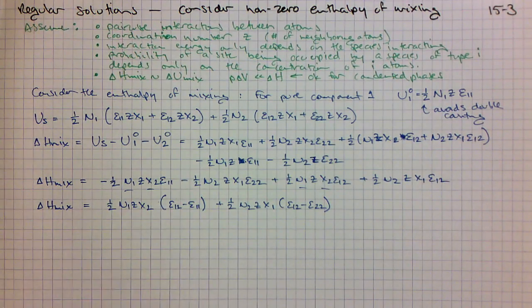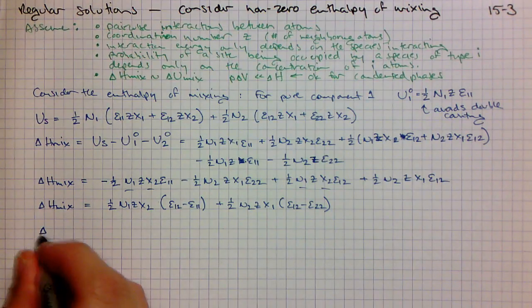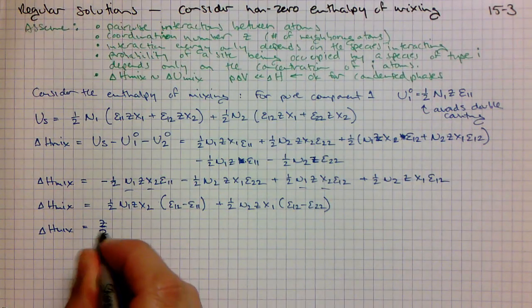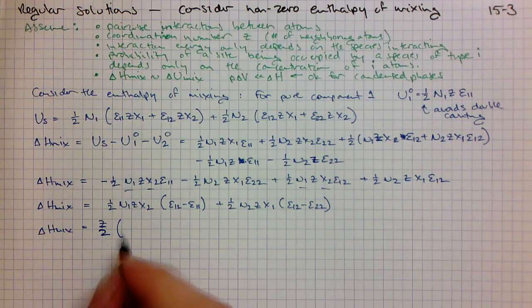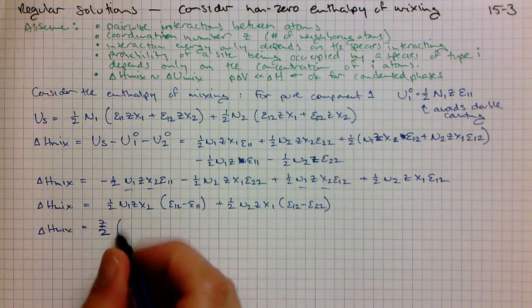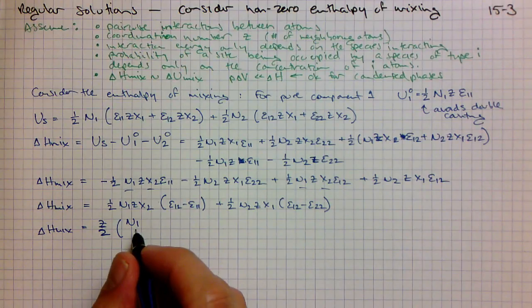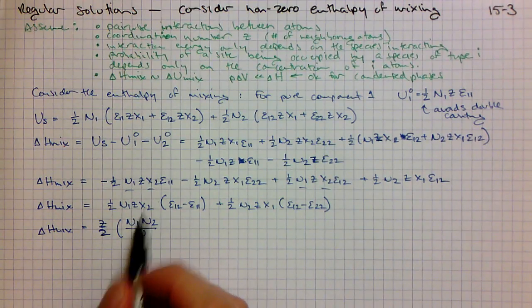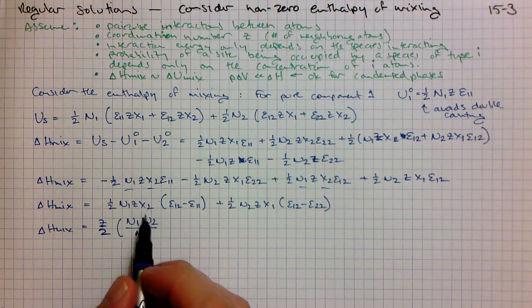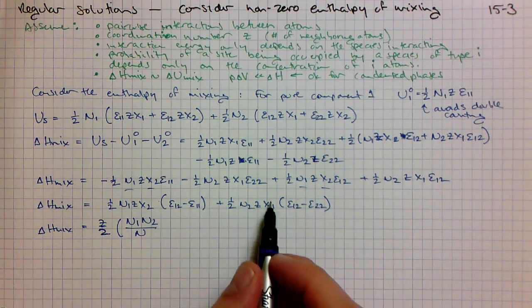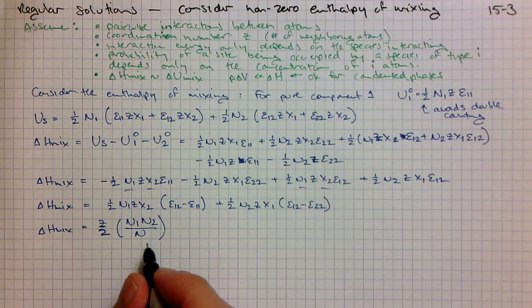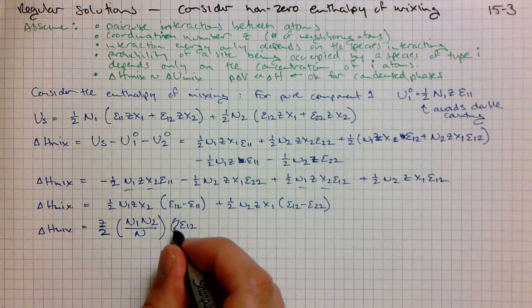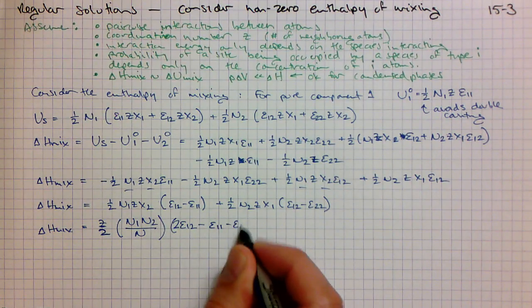Or another way of writing this would be to say delta H mix is equal to Z over 2, right, times N1 N2 over N. So here I'm just multiplying and dividing by N. N times X2 gives us N2, so this gives us N2 over N, and this gives N1 over N. So this is the same prefactor for both, and then we get 2 epsilon 1,2 minus epsilon 1,1 minus epsilon 2,2.